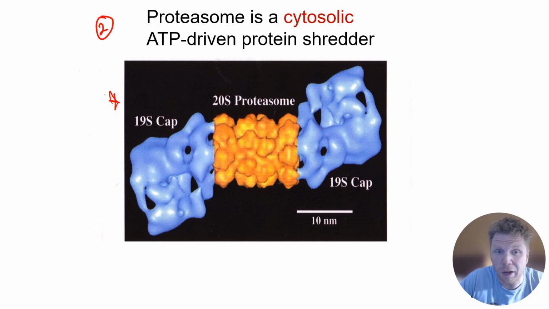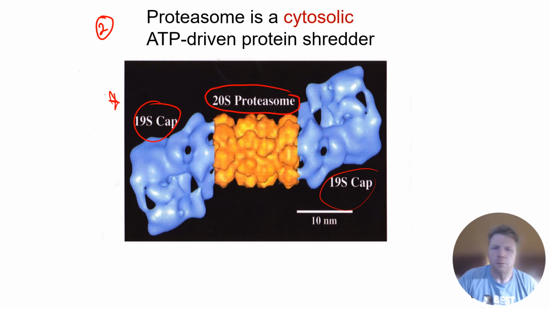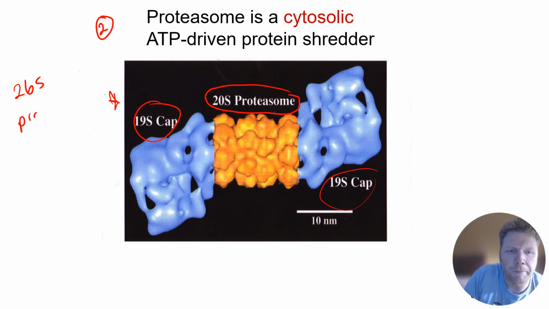This thing that is made up of a 19S cap, another 19S cap, and this 20S central unit. This whole thing combines to make something known as the 26S proteasome.